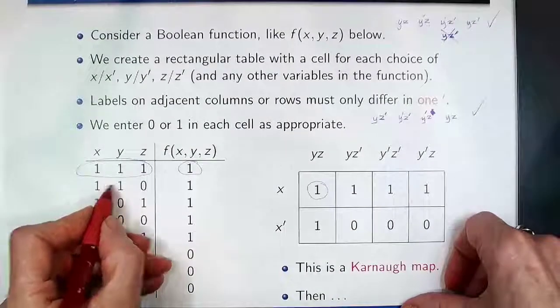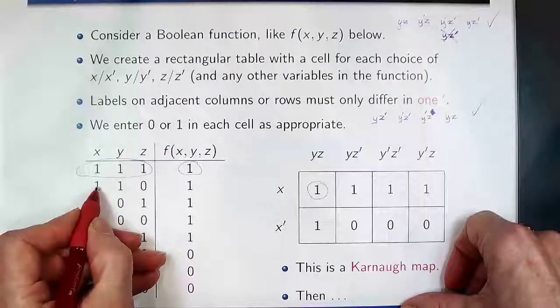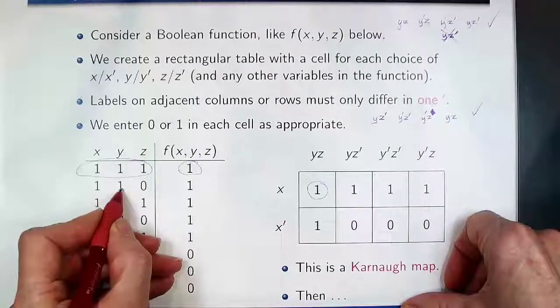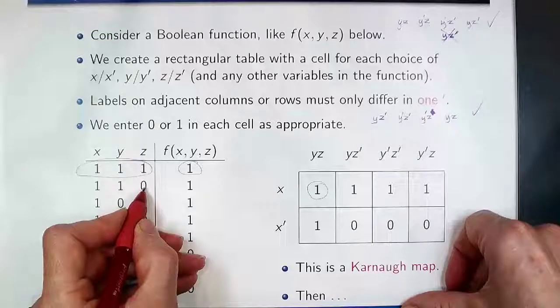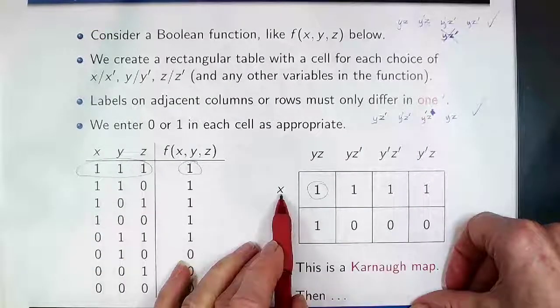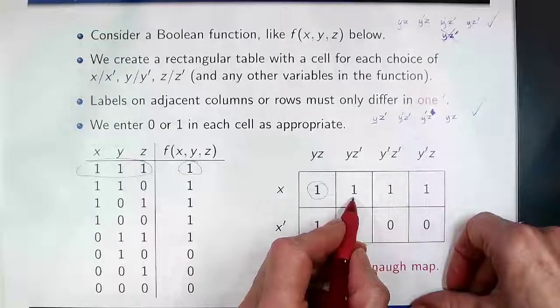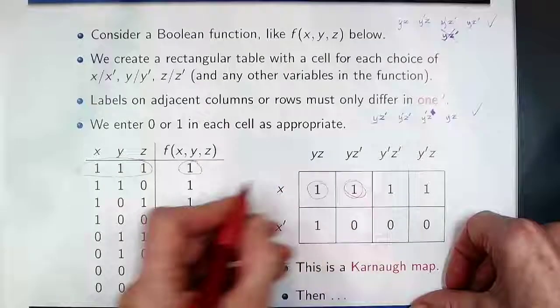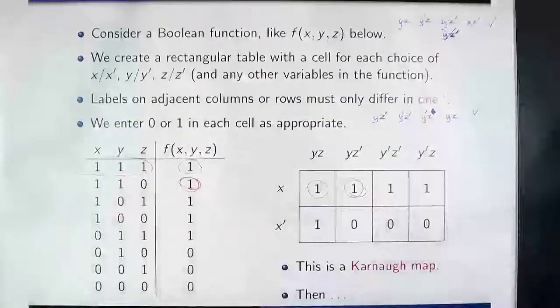Now, this one: X true, Y true, but not Z. 110, that's X, Y, but we haven't got Z. So it's X, Y, Z dash. There's a box for X, Y, Z dash. That's this one here. So that one went there.